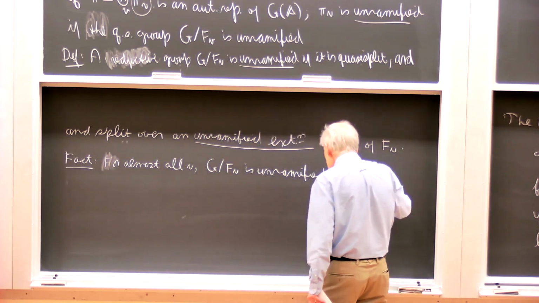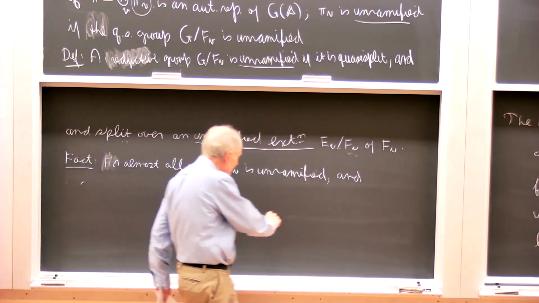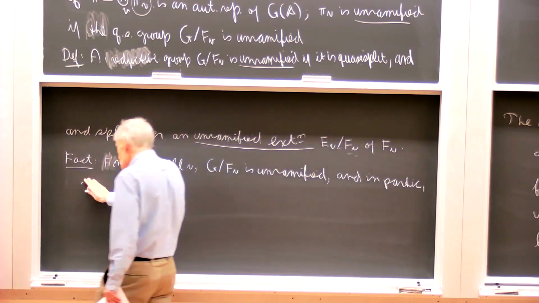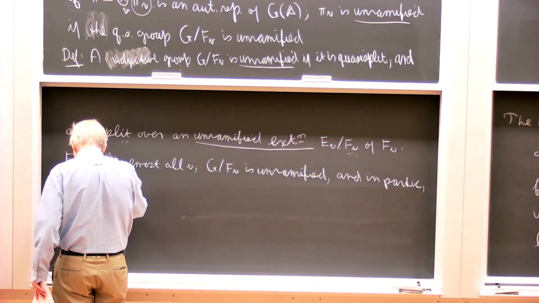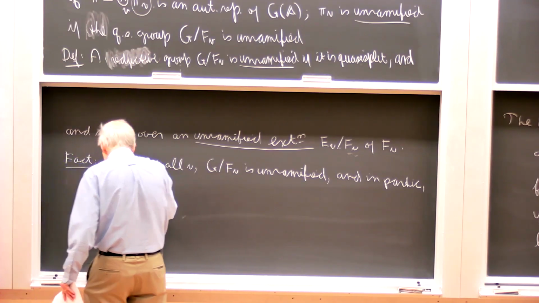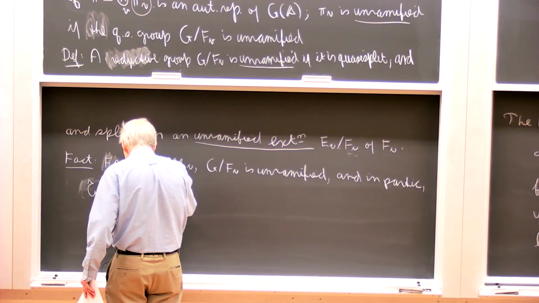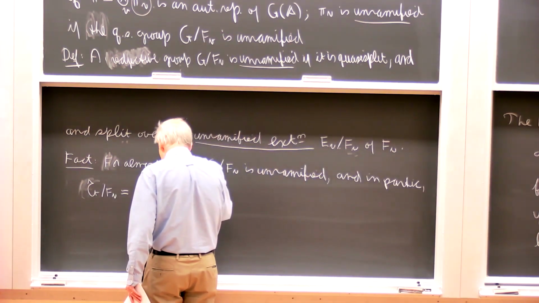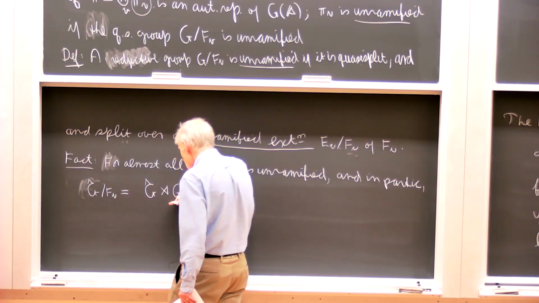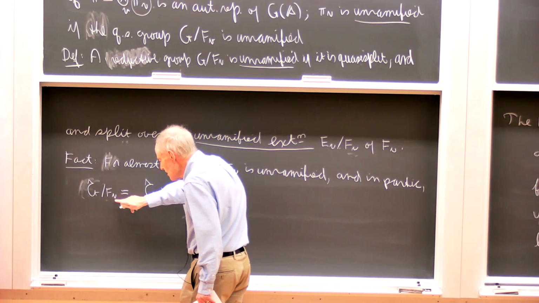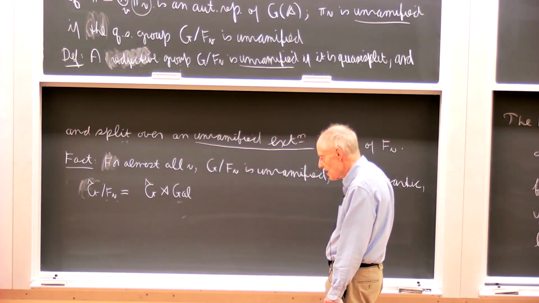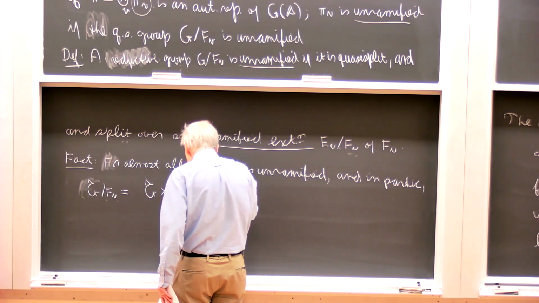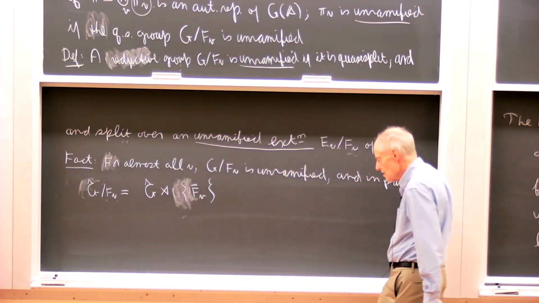And this means that, in particular, G hat over FV is equal to the semi-direct product of G hat with a Galois group of an unramified extension KV over FV, or in particular, the group generated by a Frobenius class.